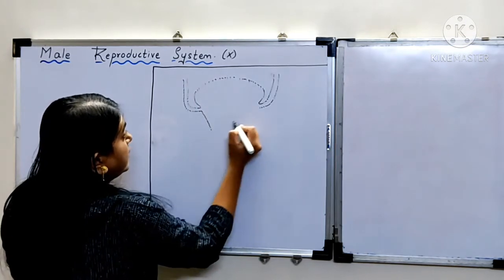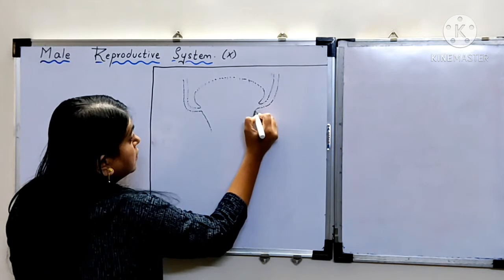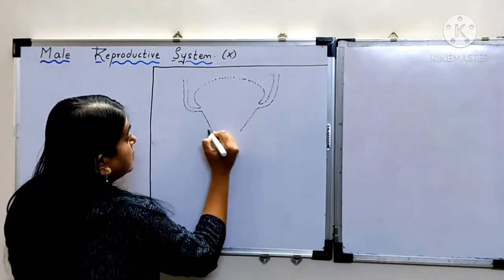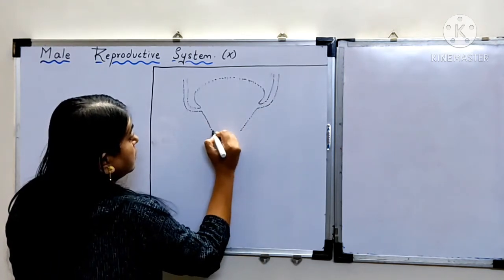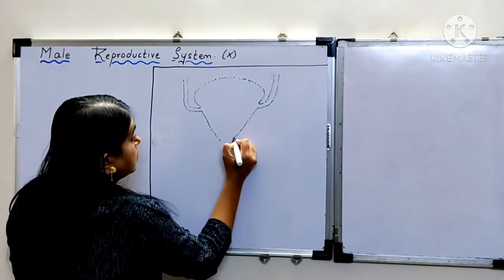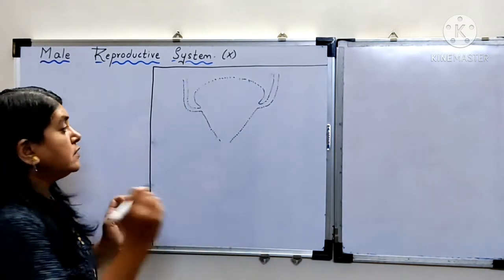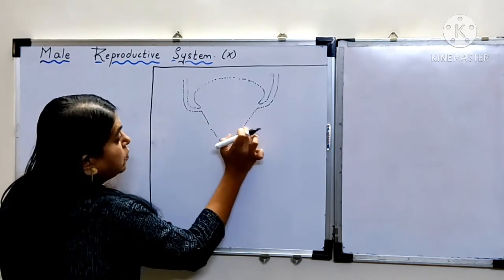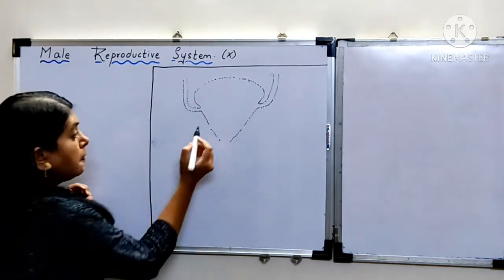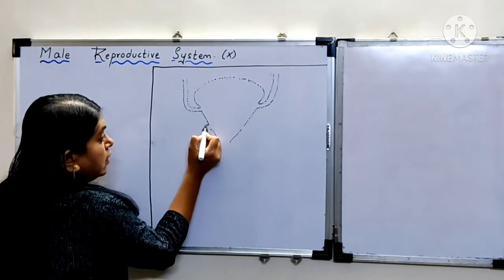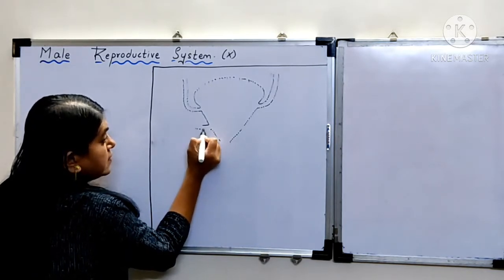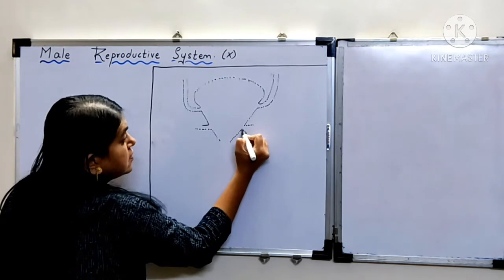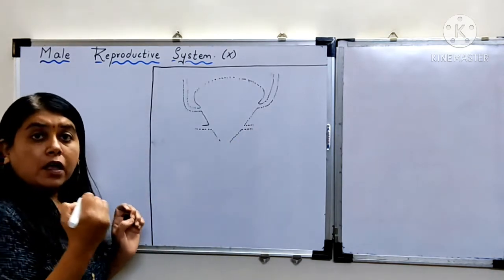You have to make it triangular. Like this. Again, make an outlet on both the sides this way. Then again two small ducts like this, dotted.